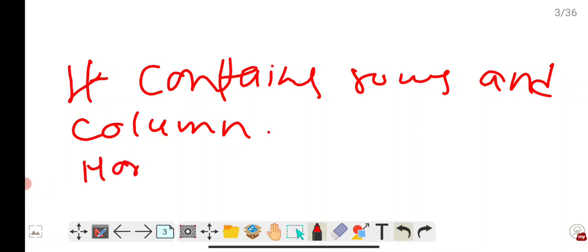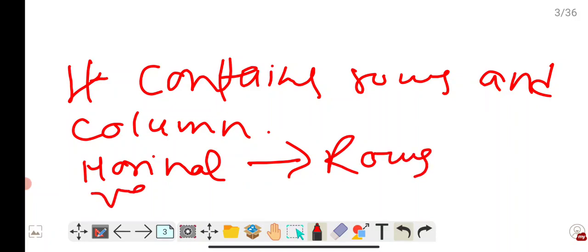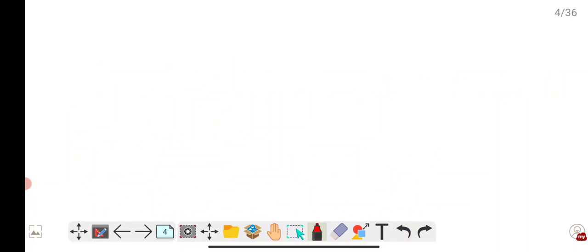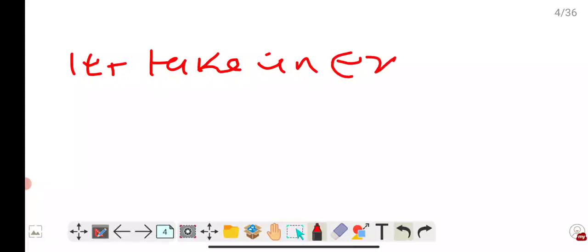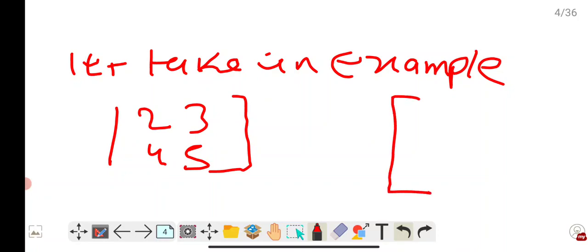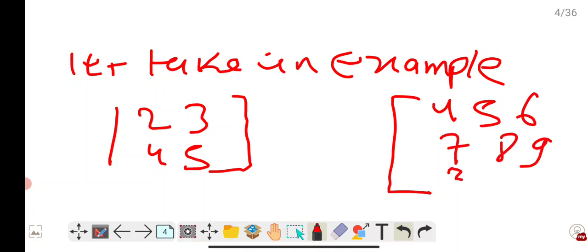Horizontal lines are known as horizontal rows, and vertical ones are vertical columns. Let's take an example of 2 by 2, that is 2, 3, 4, 5, and 3 by 3, that is 4, 5, 6, 7, 8, 9, 3, 2, 1.